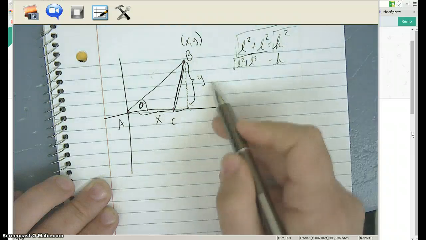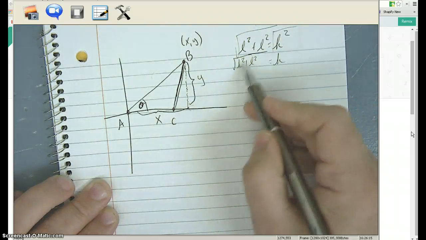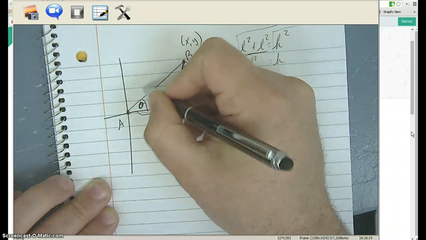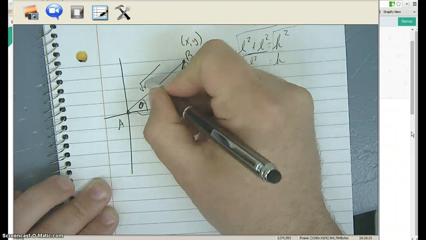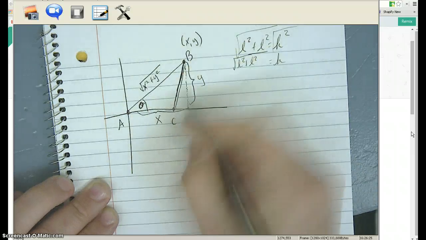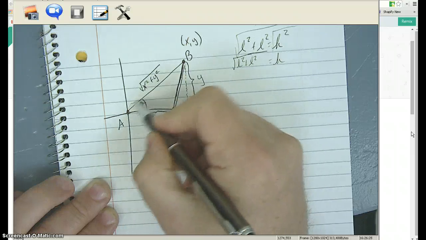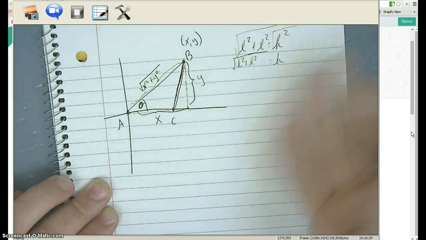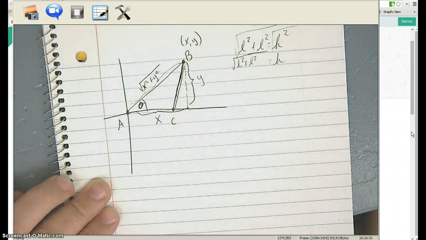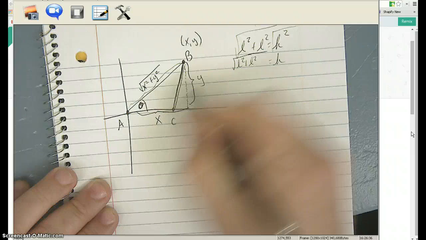So here where the legs are x and y, we can just plug them in. X squared plus y squared is equal to hypotenuse squared. So we have over here the square root of x squared plus y squared. Okay? That is the length here for any value b, whatever b value we want to pick that's a point on this line.